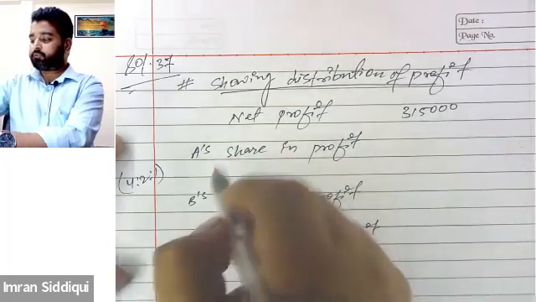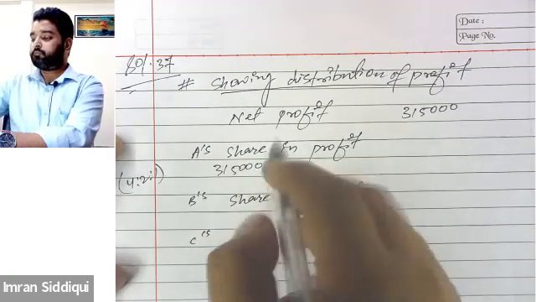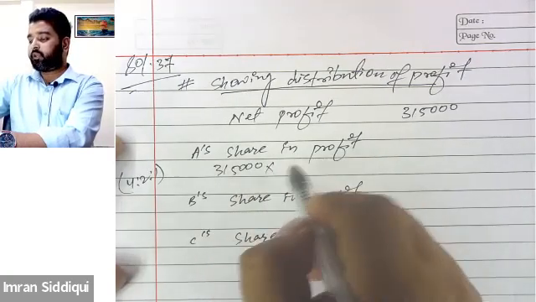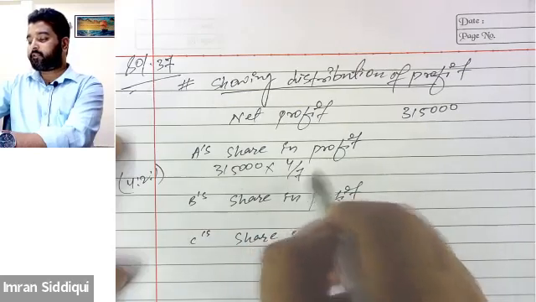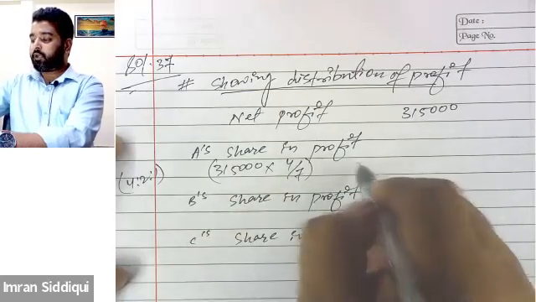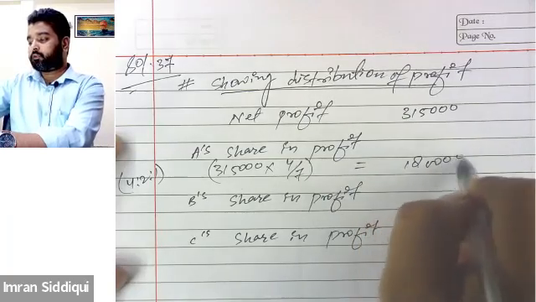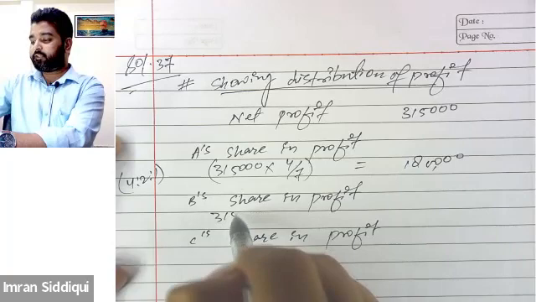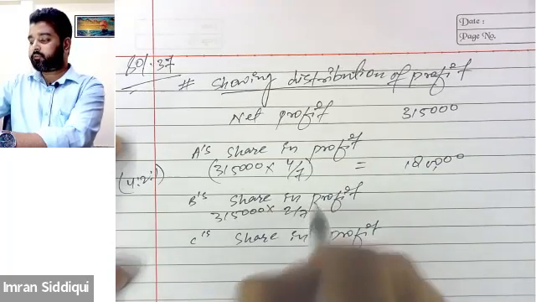So 3,15,000 will be given to A in the ratio of 4/7. It's 1,80,000. Then 3,15,000 into 2/7.